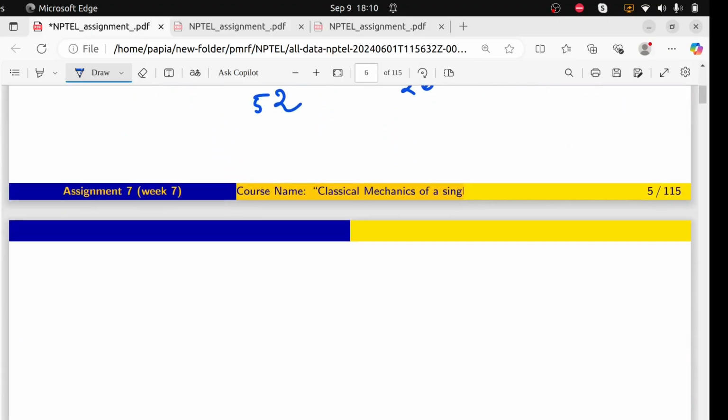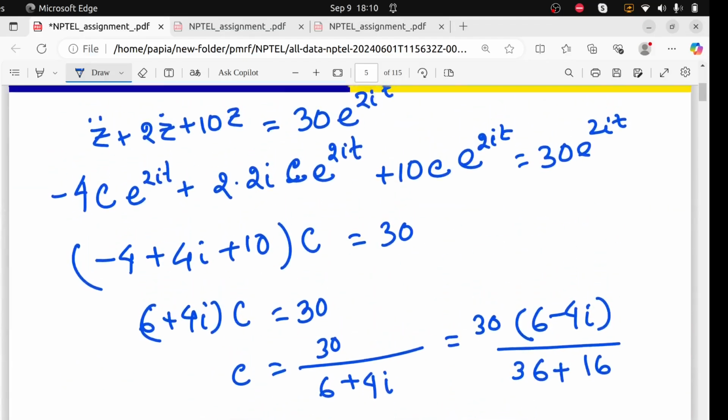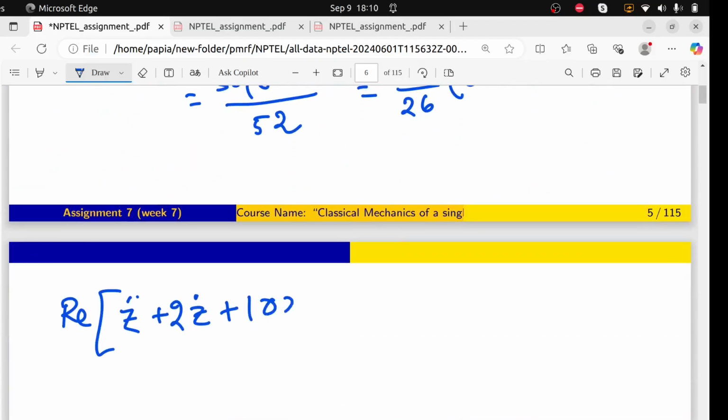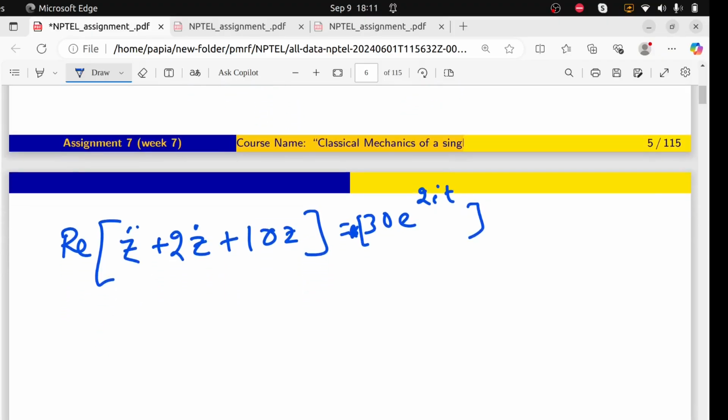Now, if I want to write the real part of z double dot plus 2z dot plus 10z equals 30 e to the power 2it, real of this. So it will be simply our z, what we took, e to the power 2it.